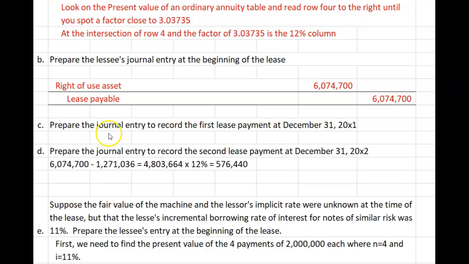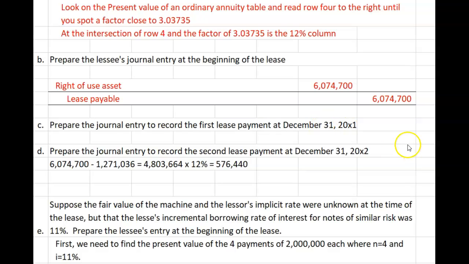Now we need to prepare the journal entry to record the first lease payment at the end of the first year on December 31st, X1. Couple of hints. This is your lease liability. Your interest rate is 12%, simple annual interest. You're calculating interest for the entire year, so you can easily calculate your interest expense.